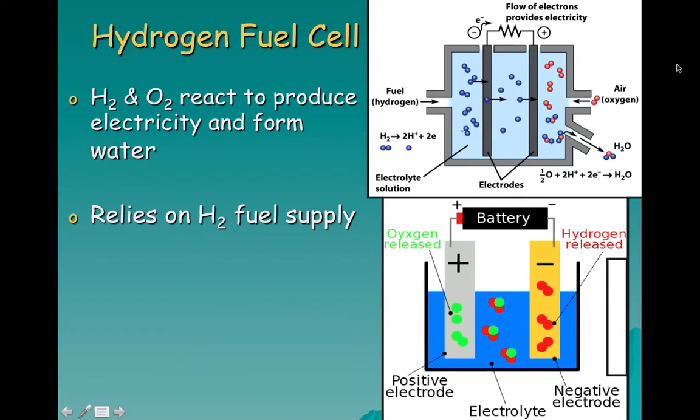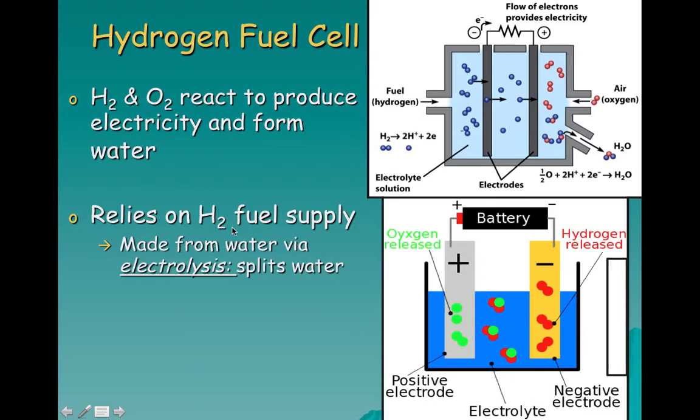The oxygen that you use as the fuel is provided by the air, which is nice, but it turns out that free hydrogen molecules are not part of our air supply. So you actually need to create those. It relies on, as it mentions here, a hydrogen fuel supply, which we need to create.